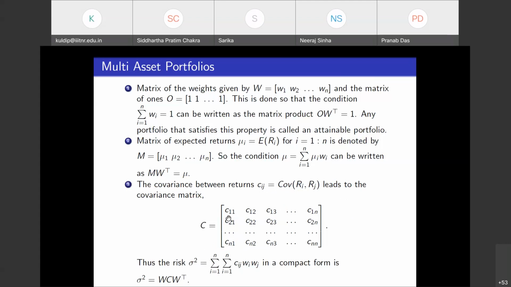You can show that in the compact form, this can be written as WCW transpose becomes a single entity, namely sigma square.